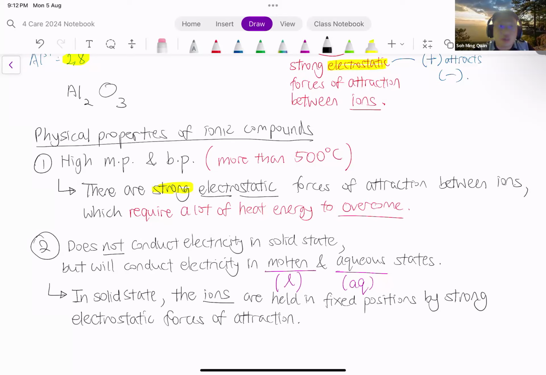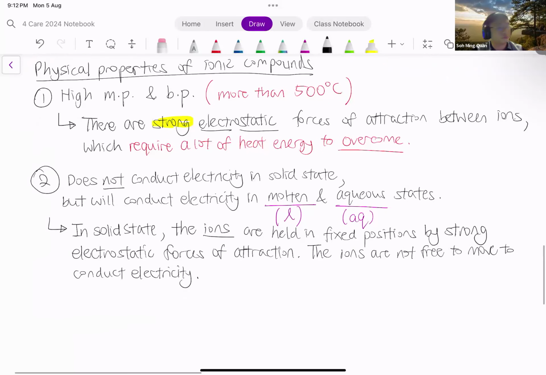So the ions are held in fixed positions by strong electrostatic forces of attraction, and so the ions are not free to move, to conduct electricity. Fixed position means not free to move. So solid state, done. Explained why it doesn't conduct, because the ions are not free to move.